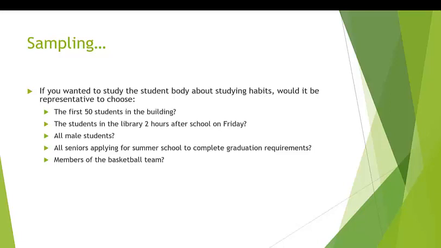How about if we chose one school and picked all the males? Or if we looked at the whole district and chose all the seniors who were applying for summer school in order to complete their graduation requirements? Or what if we chose members of the basketball team, male and female? Would we be able to get the information that we wanted?